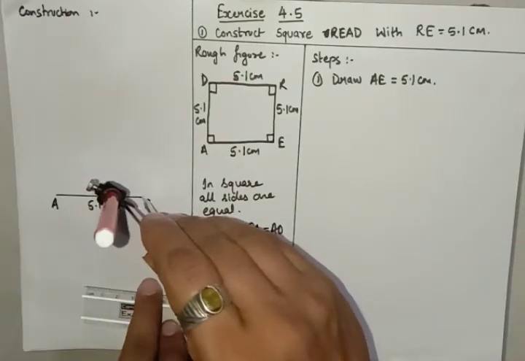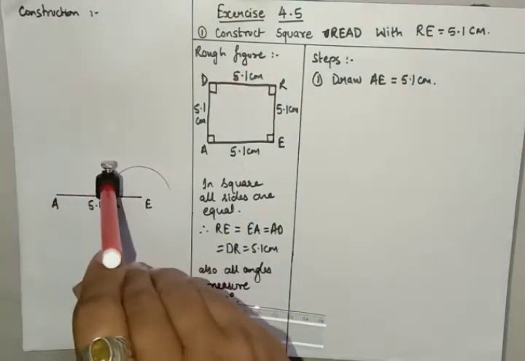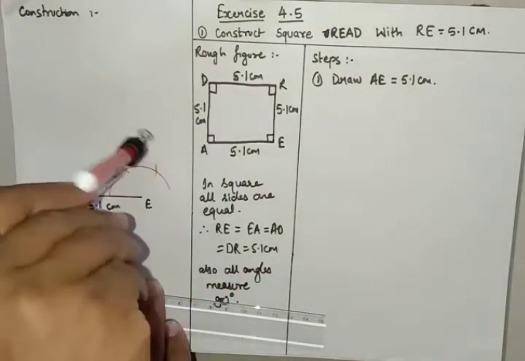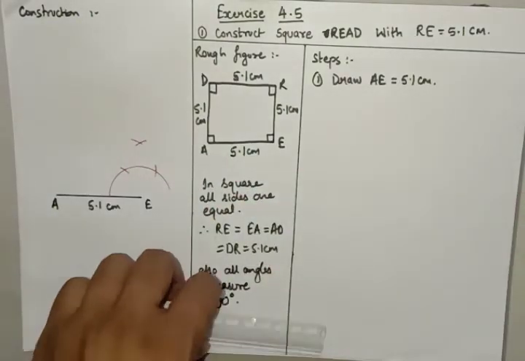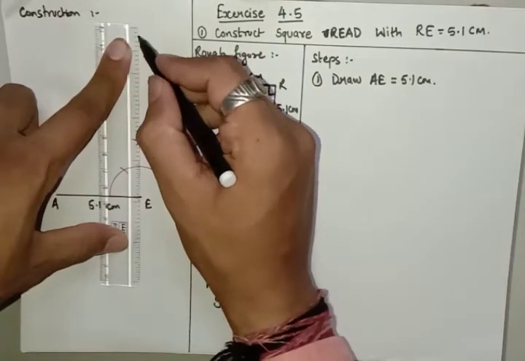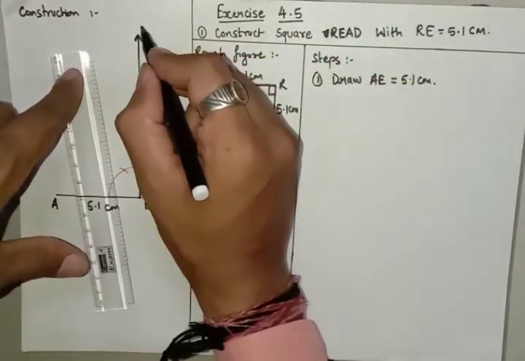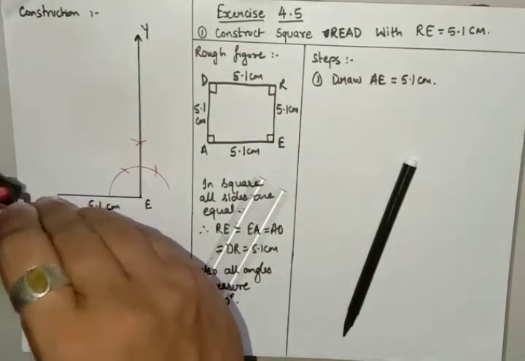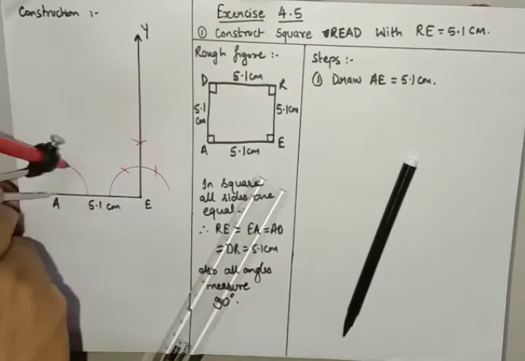Here at E I am constructing an angle of 90 degree using compass. So this one is the angle measuring 90 degree which I have drawn with compass. Now I am producing it to Y, and at A also I am constructing an angle of 90 degree with compass.